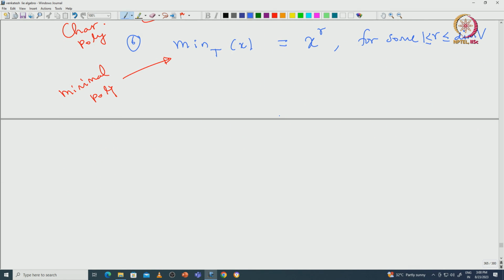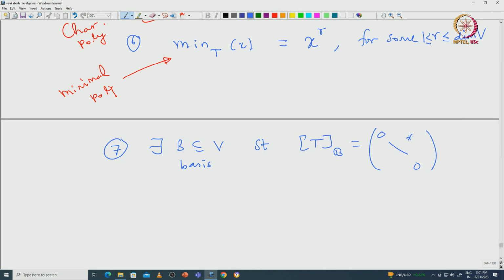Okay. So, we already have 6 different characterizations. Now if we use a basis and write T in terms of some basis, then we know that being strictly upper triangular with respect to some basis is also equivalent to nilpotent maps. There exists a basis B of V such that T with respect to B is actually strictly upper triangular.